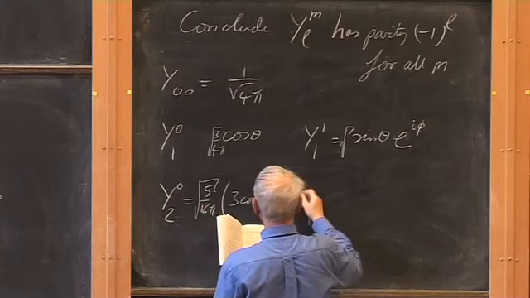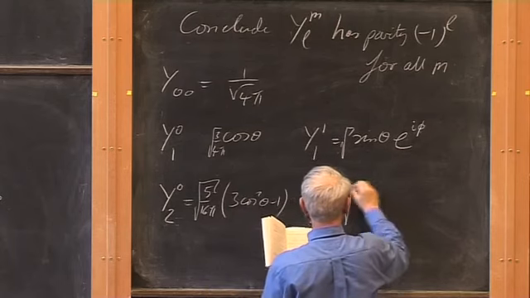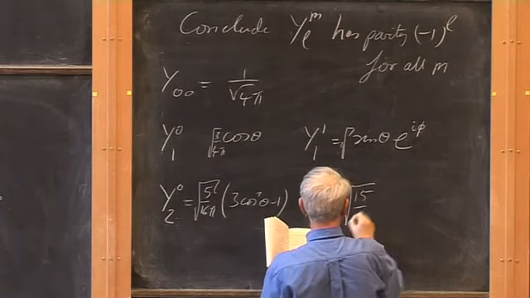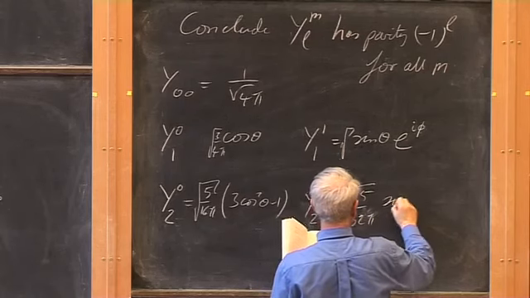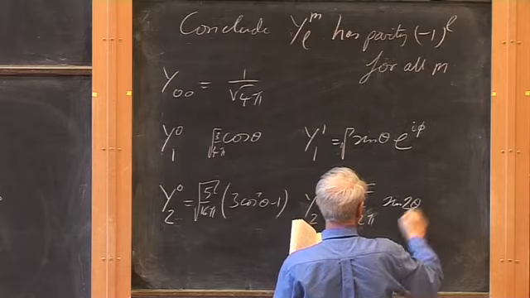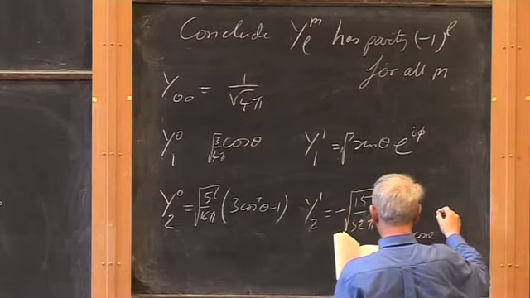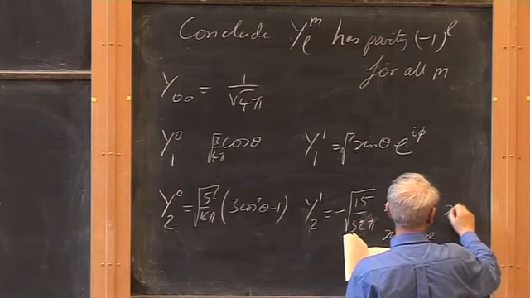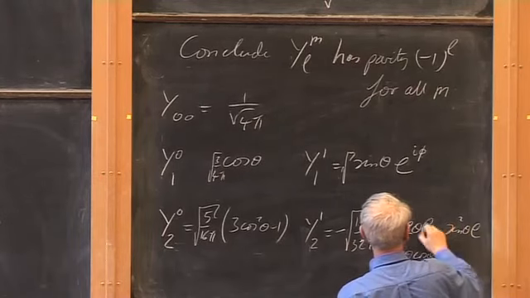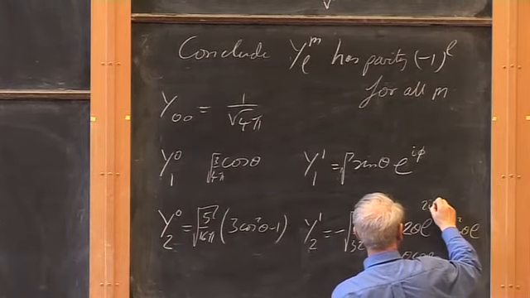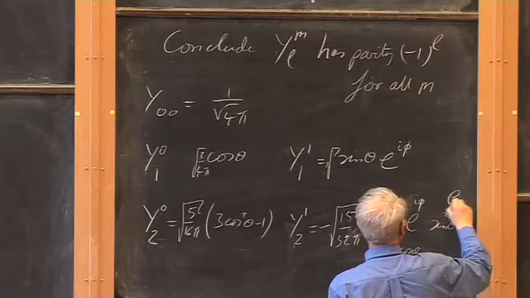And Y21 is minus the square root of 15 over 32 pi, which is not so interesting. What's important is it goes like sine 2 theta, which can also be written as sine theta cos theta, and the other one goes like, of course, sine squared theta. This one has e to the I phi, and this has e to the 2 I phi.